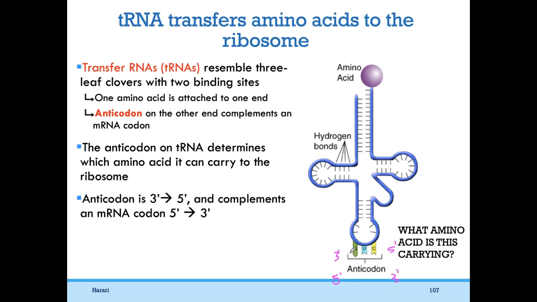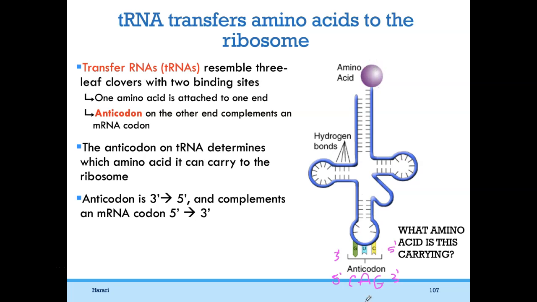So if the anticodon was GUC, the codon must be CAG. So this tRNA will recognize the CAG of an mRNA, and it will bring along the corresponding amino acid.